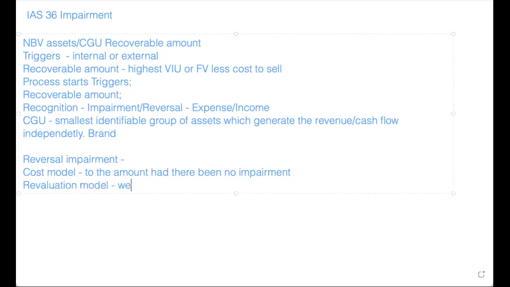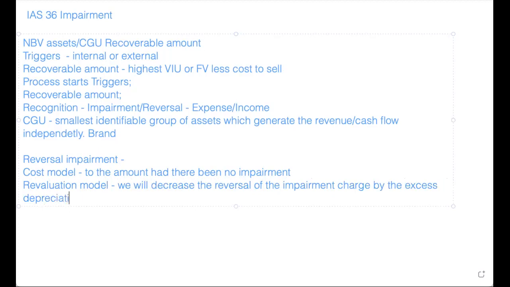as we have no limit, no ceiling for the value of the asset, we will decrease the reversal of the impairment charge by the excess depreciation. If you remember from your F3 financial accounting paper, it will be transferred by the excess depreciation from retained earnings to equity.